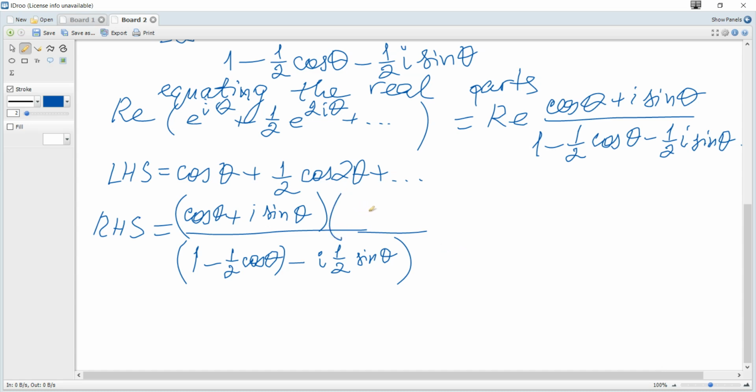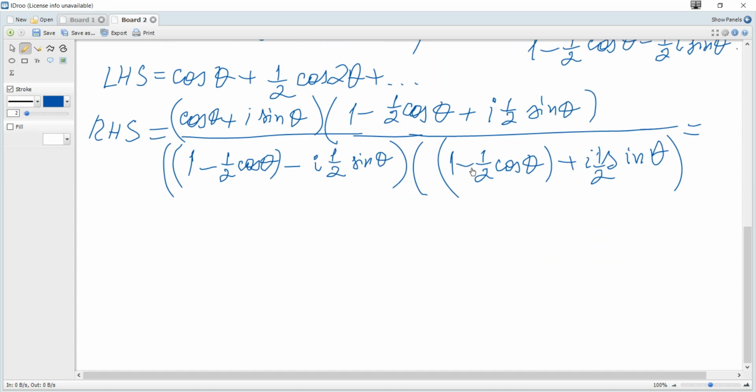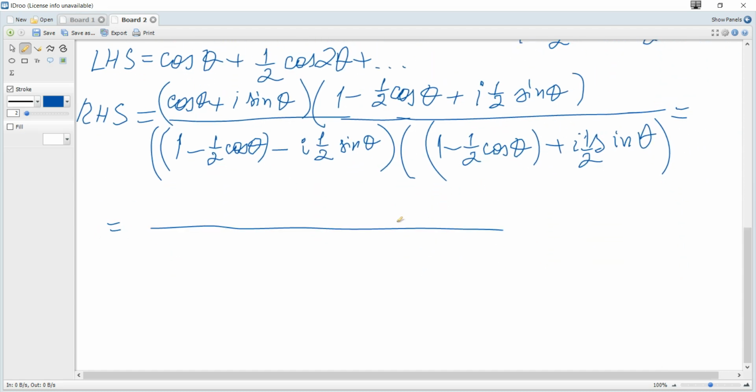So we multiply by 1 minus a half cosine θ plus i a half sine θ, and hence the denominator becomes 1 minus a half cosine θ, squared, minus this squared, but i squared is -1, so it will be plus sine squared θ over 4.